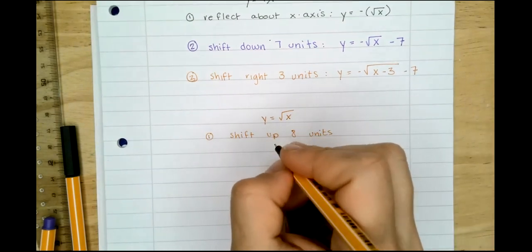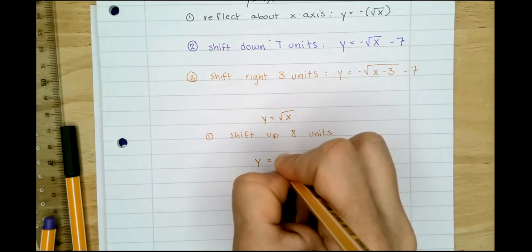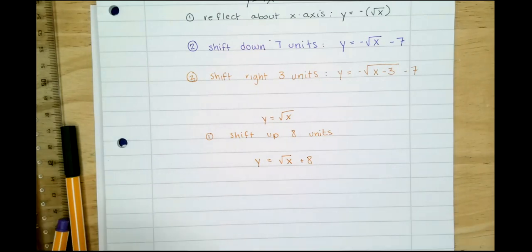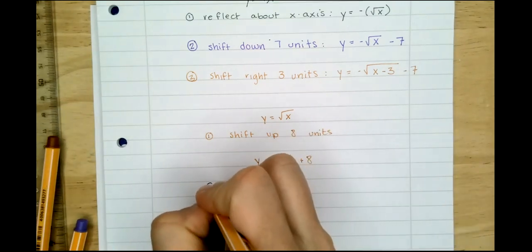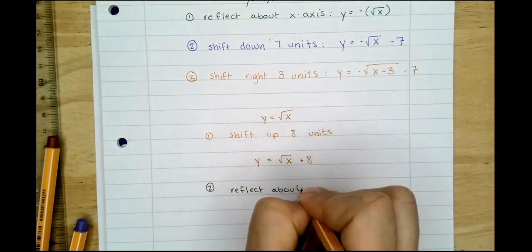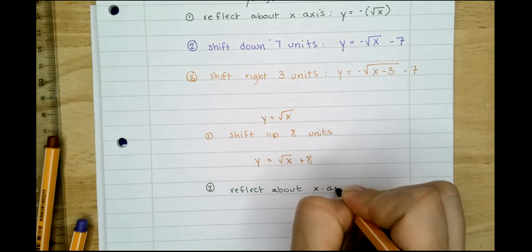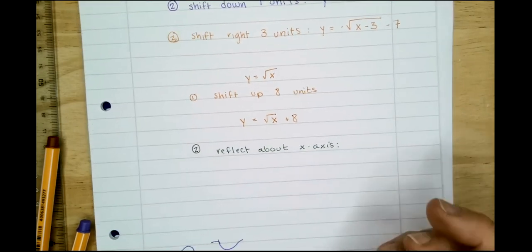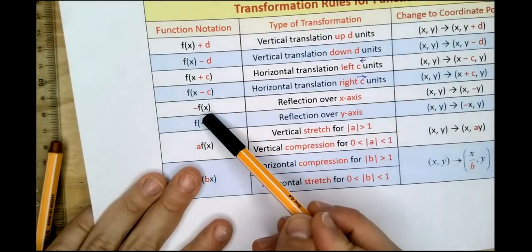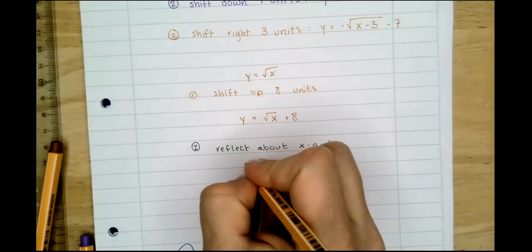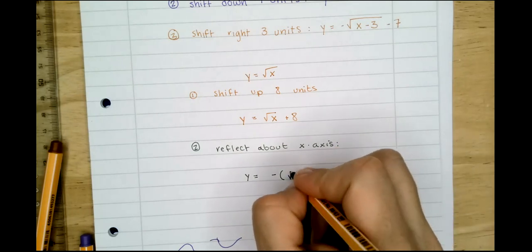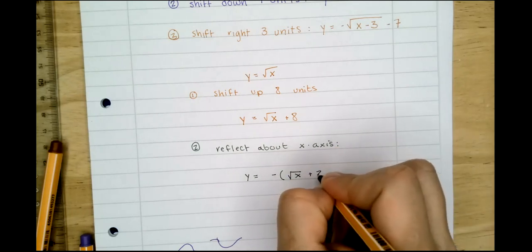In that case, you're gonna want to do y equals the square root of x plus 8, right? And then they're gonna say reflect about the x-axis. Reflecting about the x-axis means you take the entire equation and make it negative, okay? So you have y equals, and then the negative sign needs to go outside of everything. Negative square root of x plus 8, okay?